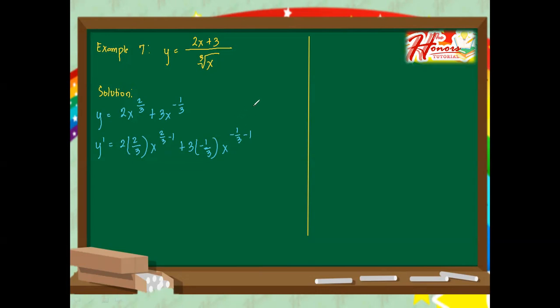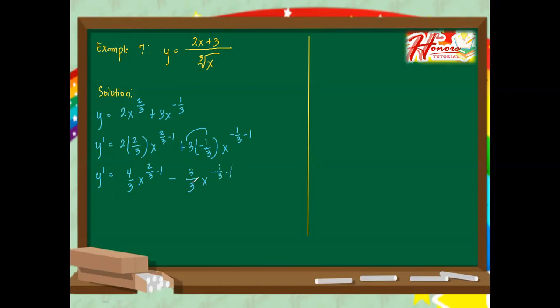Okay, let's continue. So y prime is equal to 2 times 2, that's 4. Copy the denominator 3. x raised to 2 over 3 minus 1. Positive 3 times negative 1, that is negative 3. So minus 3 over 3, x raised to negative 1 over 3 minus 1.